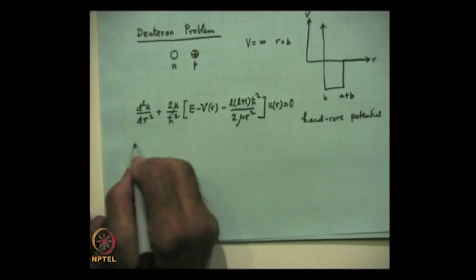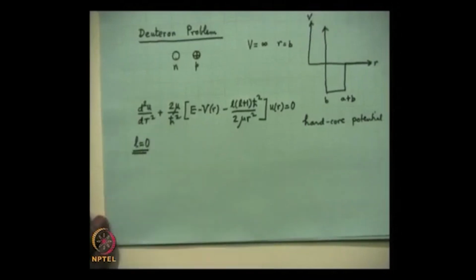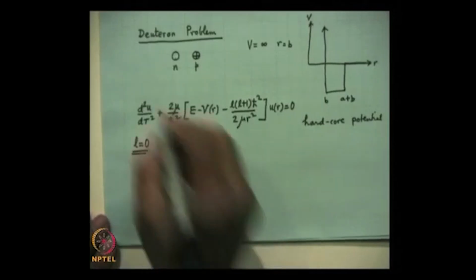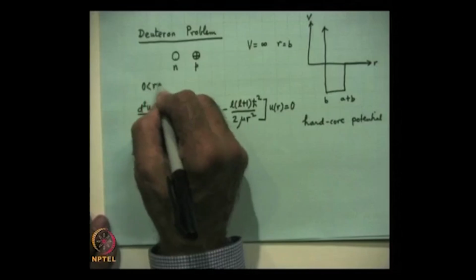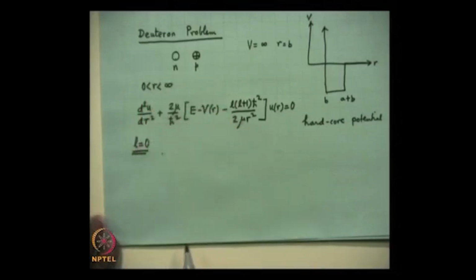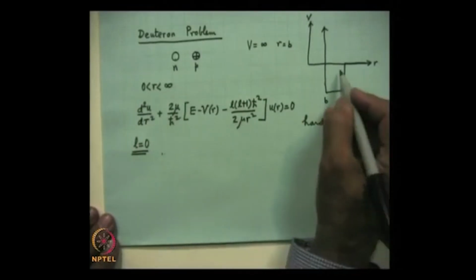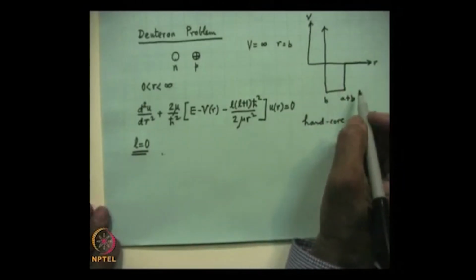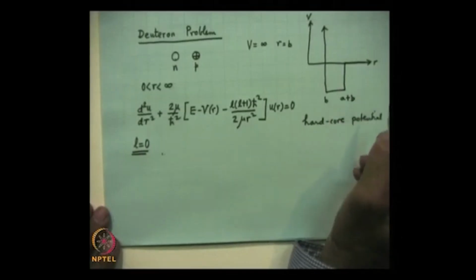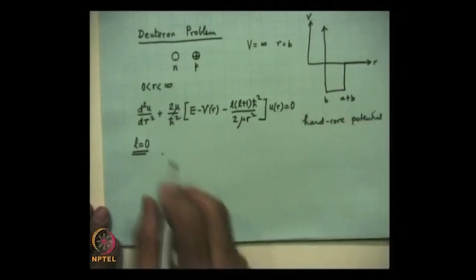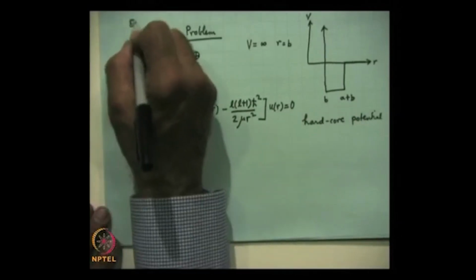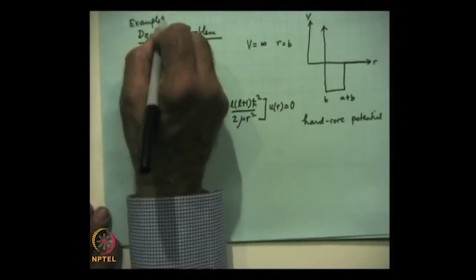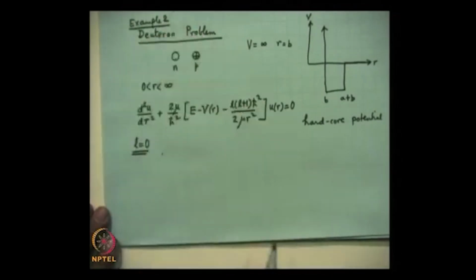I consider the L equal to 0 problem just to make life simple, and you must always remember that r goes from 0 to infinity, not minus infinity to plus infinity. We will consider once again the negative energy states of the problem, so E is negative and L is 0. We consider this as example 2, the deuteron problem.